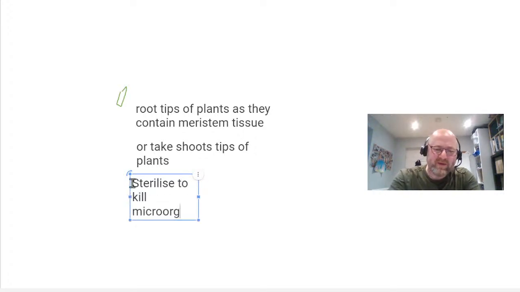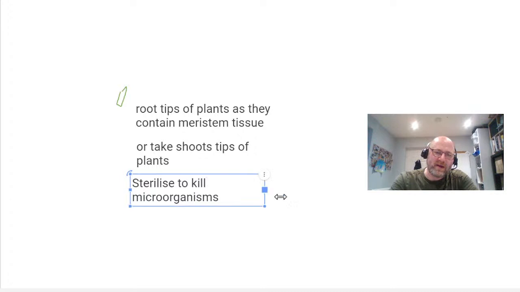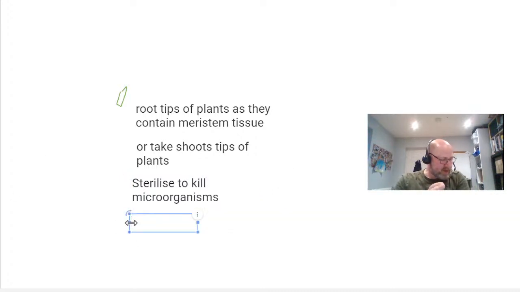Now you need to sterilize the plants to kill any diseases, any microorganisms. Then you don't need to know the name, the callus, but they grow into something called a callus.